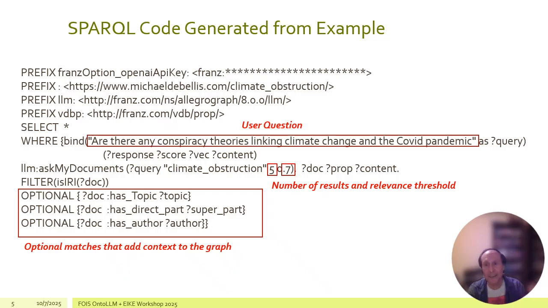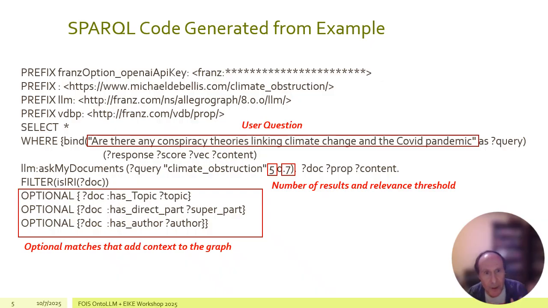Those are not defined. When the user hits enter, the interface takes those three values, plugs them into the template for the SPARQL query, and then it has a complete SPARQL query that it can send to AllegroGraph, and then AllegroGraph will interact with ChatGPT, send the appropriate things, and get the answer.